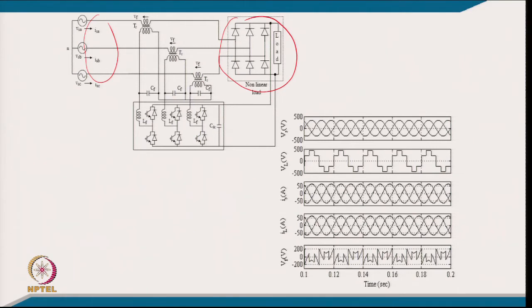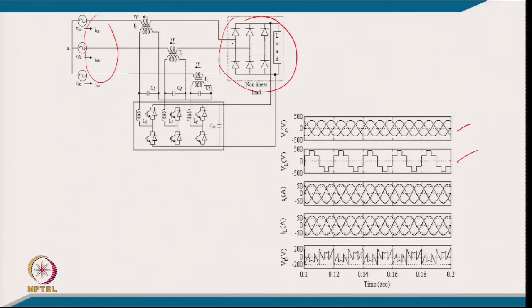After making a model of this whole system with the data given in the problem, the whole system is simulated, and these are the typical waveforms. If we consider the supply voltages to be 3-phase balanced sinusoidal, then the voltage at the point of common coupling comes in this fashion, because we are forcing sinusoidal current in all three phases.